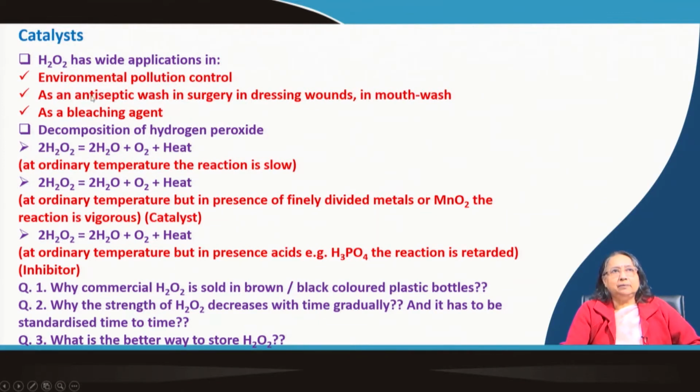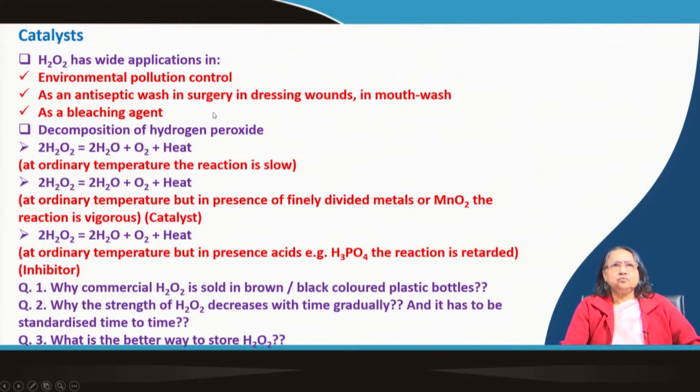And if we think about our daily use, it can be used as an antiseptic, for washing in surgery, dressing wounds, and then as a mouthwash or bleaching agent. So, it has several applications in our daily life also.